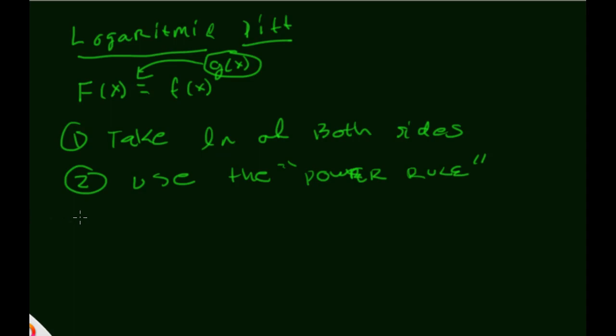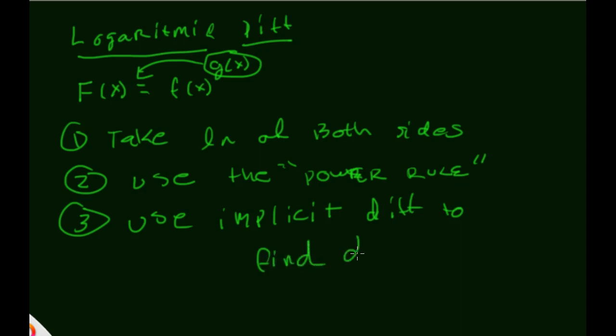And then ultimately you use implicit differentiation to find dy/dx. Okay, so it's a pretty simple, straightforward thing. It just gets you out of the block of having the variable in the power, and it's a way around that problem.